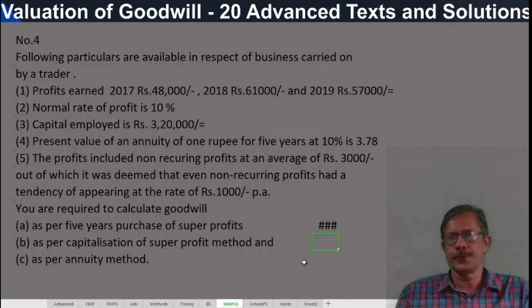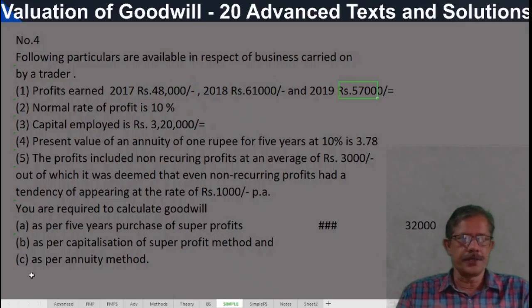Correct? 32,000 rupees. Then we have to calculate future maintainable profit. Profits are 48,000, 61,000, 57,000. Write it.